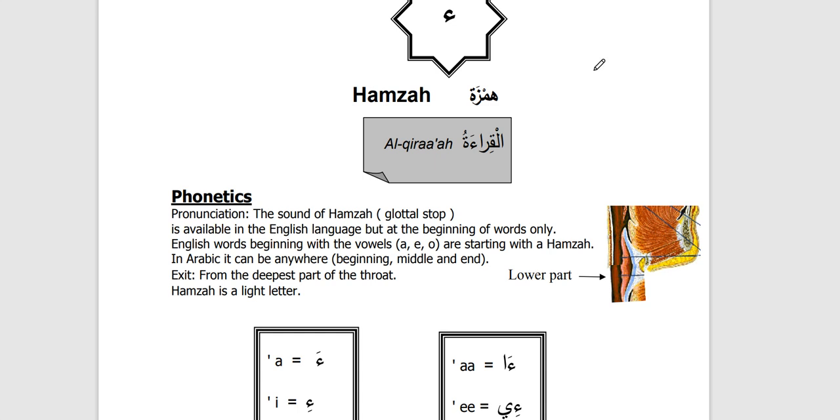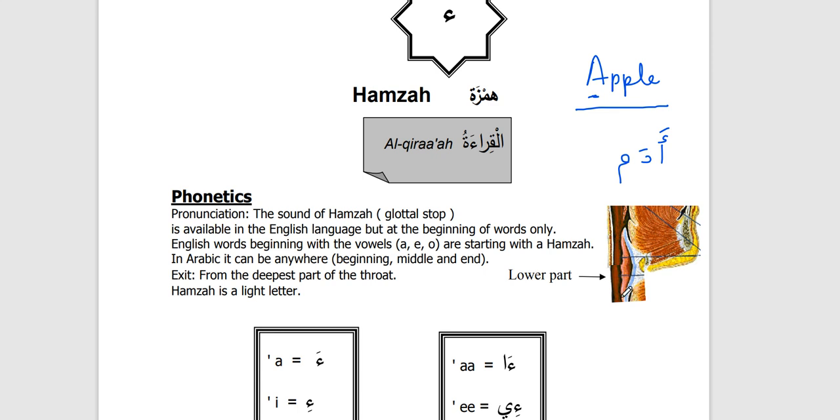If I say an apple, A-P-P-L-E, apple, what is the sound of a? So you can easily speak apple. And if I say Adam, the starting letter is Hamza, Adam. It's really very easy, and the articulation is not very difficult.